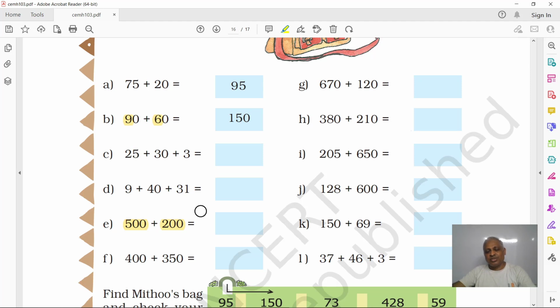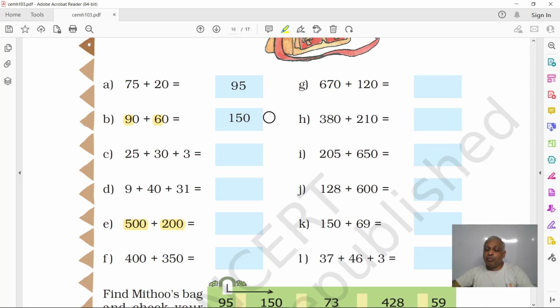I don't think so. Here 500s, here 200s. So total 5 plus 2 is 7, 0, 0. Put 2 zeros, then it will be 700. That is 700. So okay, you did it without any pen and paper, right?